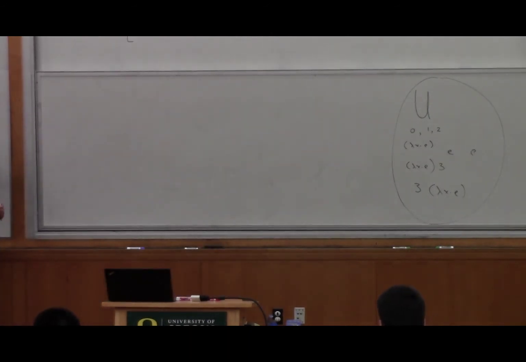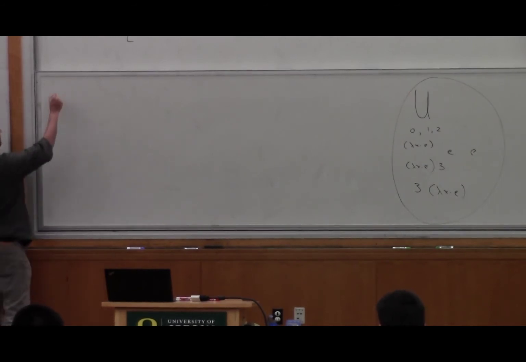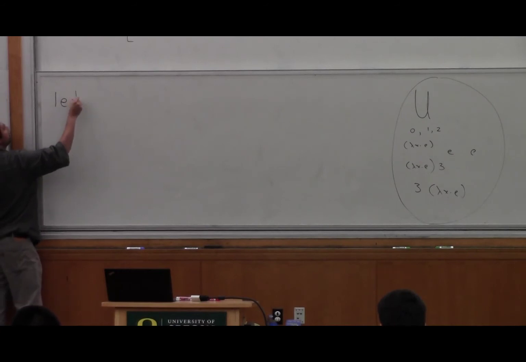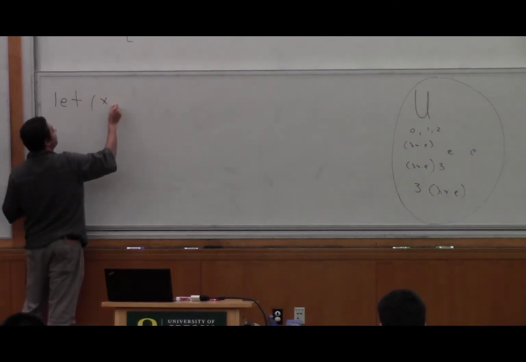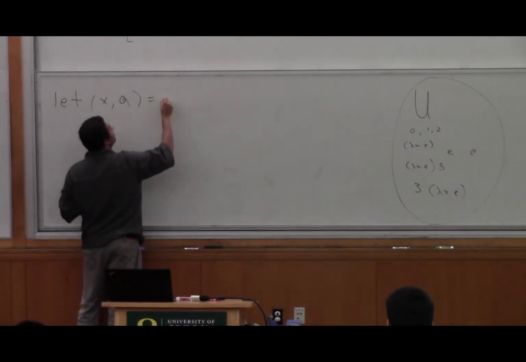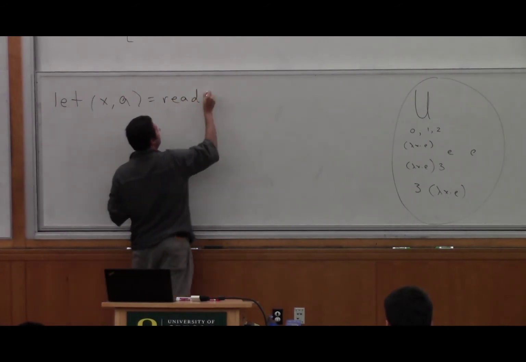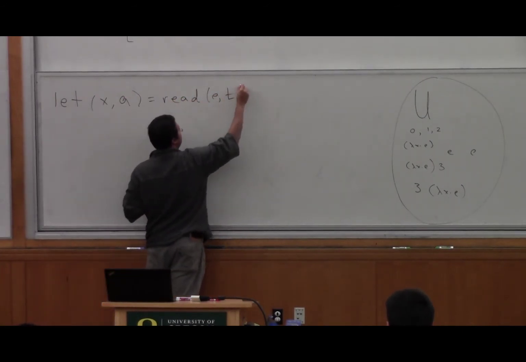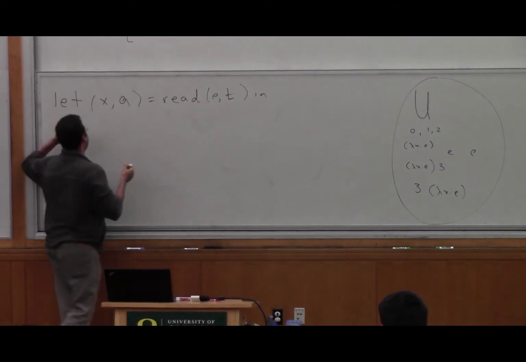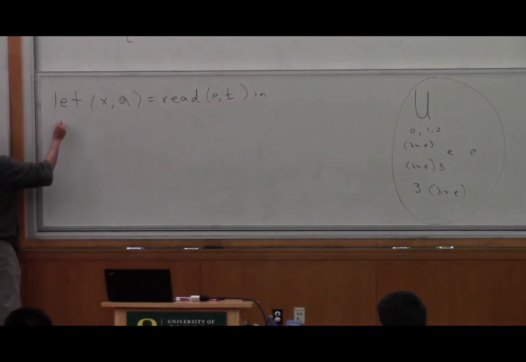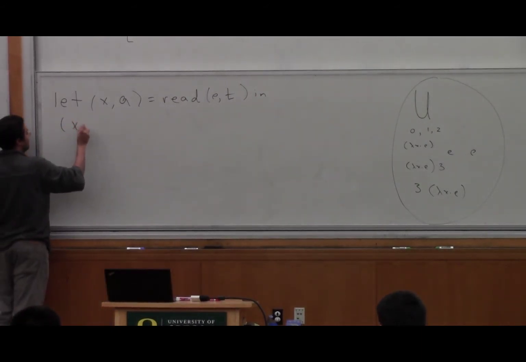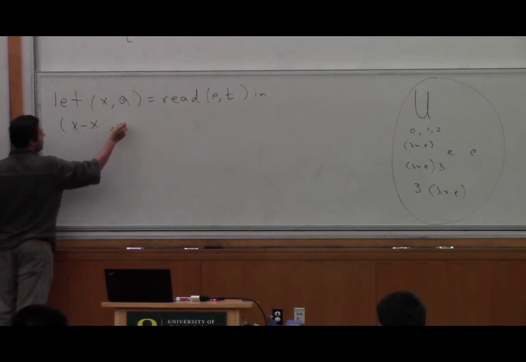So let's see, what's a good example of, yes. So we might have something like, okay, I'm going to read e in x, and now what I'm going to do is say return the value x minus x.